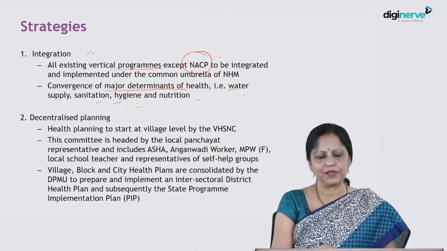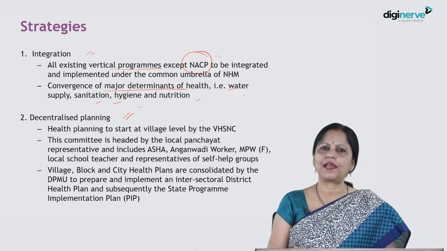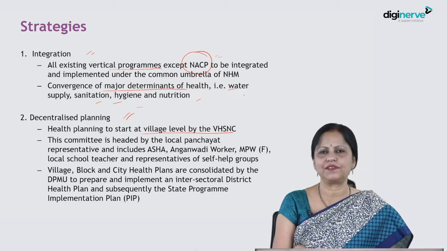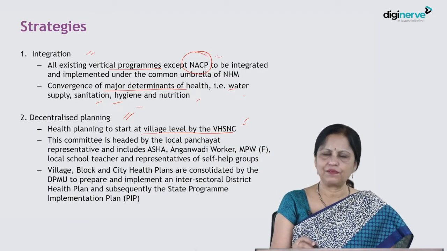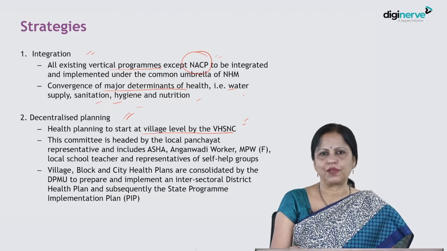Next, there will be decentralized planning. Health planning will start at the village level by the VHSNC. I have told you how bottom-up planning happens in the context of fixing targets for family welfare. Similarly, the general health plan will be made in the same way, bottom-up.